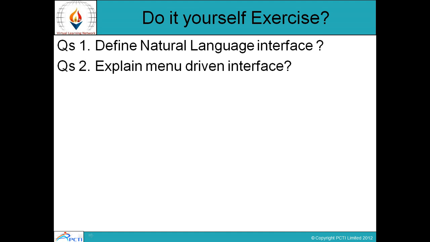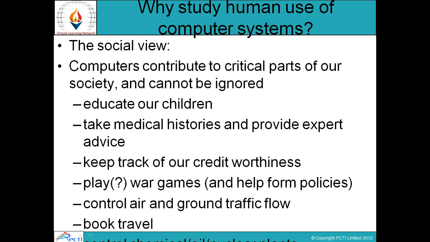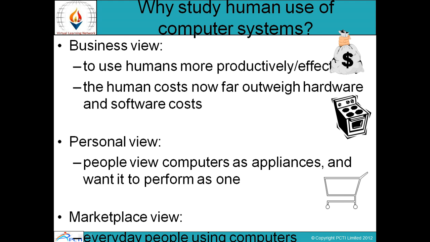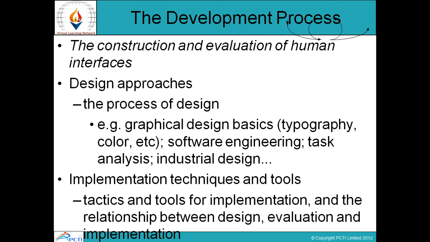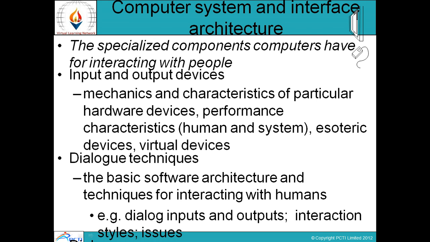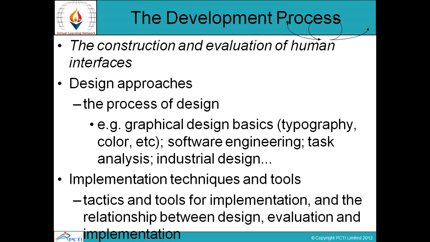So, before ending, you have to give the answer to these two questions. Why study human use of computer systems? And explain the development process of the human computer interfaces, that how the development should be carried out, right? So with this we are going to finish this session.